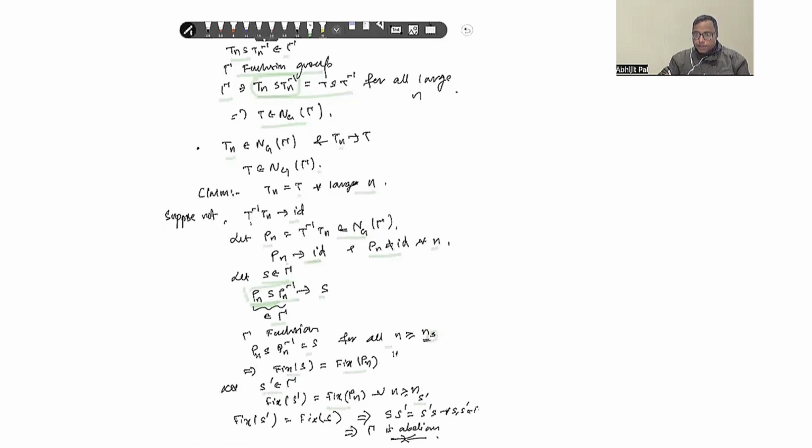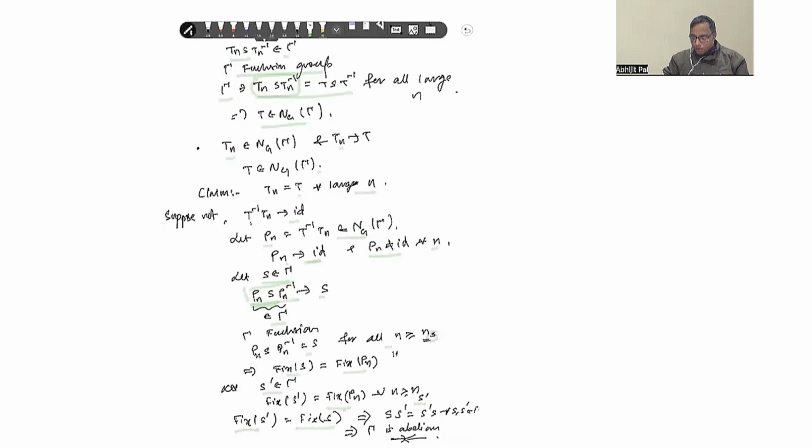Now let us take n greater than or equal to both n_S and n_S prime. For that Pn, the fixed point set of S equals the fixed point set of Pn, and the fixed point set of Pn equals the fixed point set of S prime. Therefore the fixed point set of S prime is equal to the fixed point set of S.